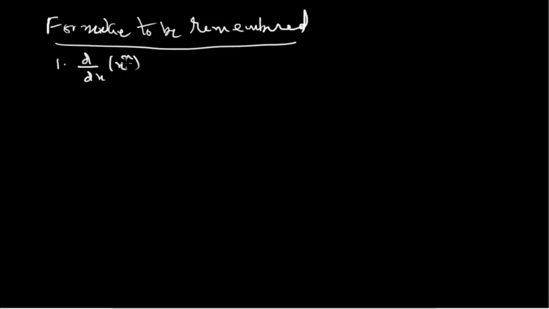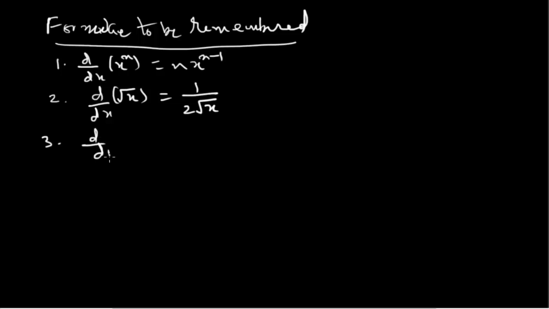That means differentiation of x power n with respect to x is what? n into x power n minus 1. d by dx of root x. What all we have done, we are listing them, that's all. 1 by 2 root of x.